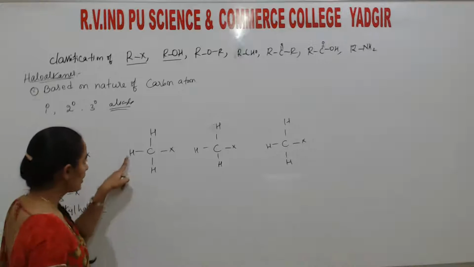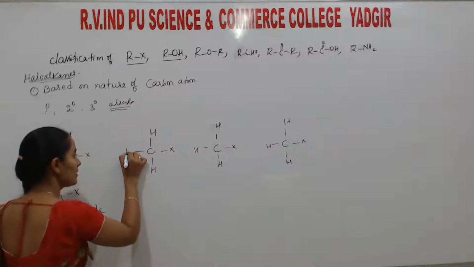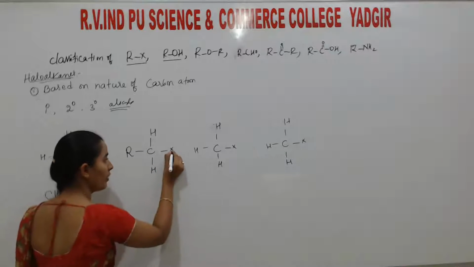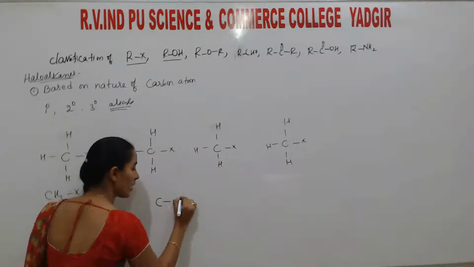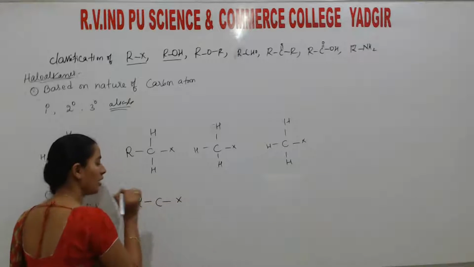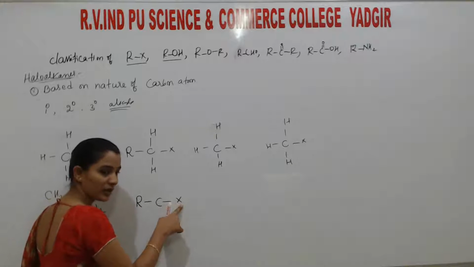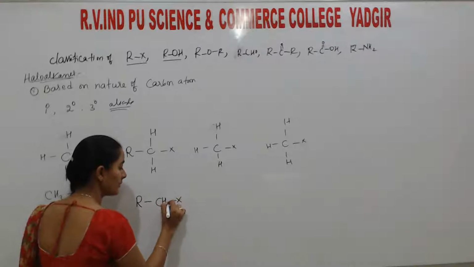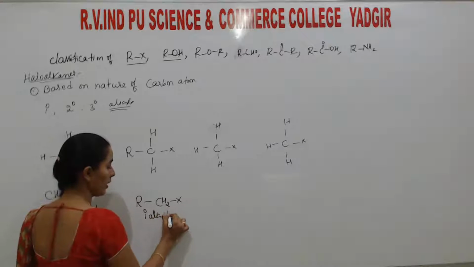Students, if one of the hydrogen atoms is replaced by an R group, meaning the carbon to which the halogen is attached is further attached to one R group, that is a primary alkyl halide.